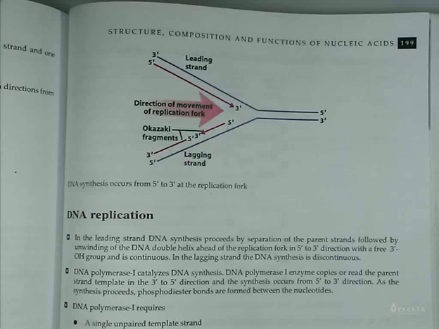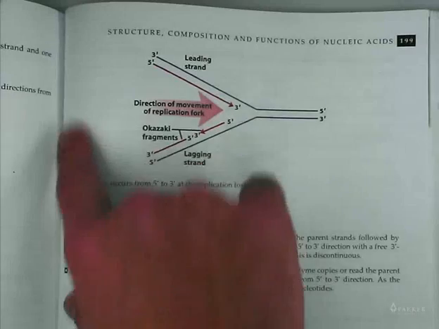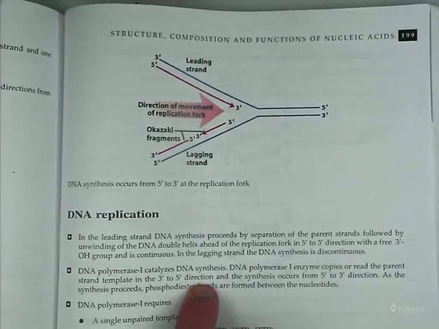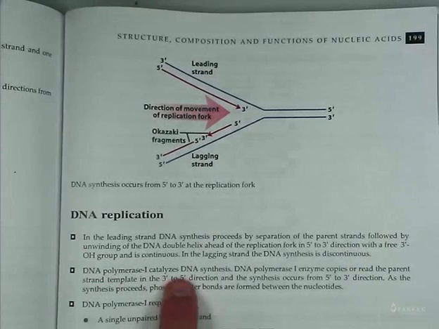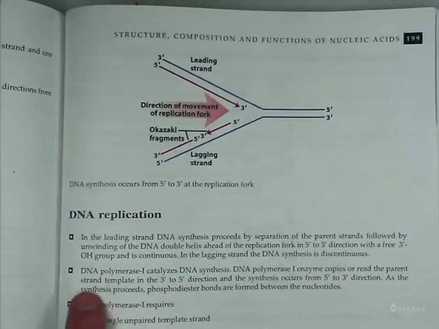I remember when I first started trying to learn these, I was always confused by which ones go which direction. So replication always goes 5' to 3' for DNA. The only thing that's different is that DNA polymerase 1 catalyzes the DNA synthesis.